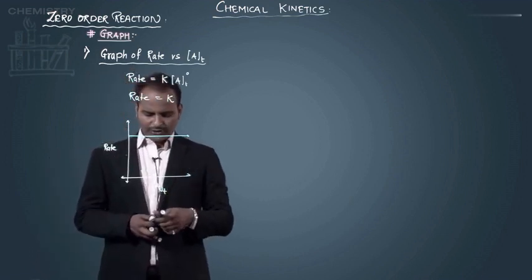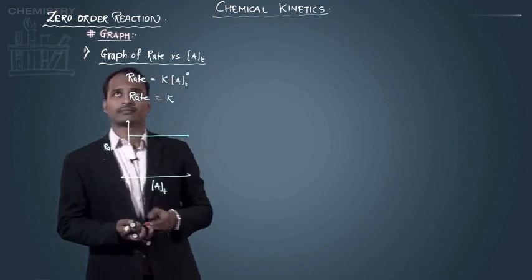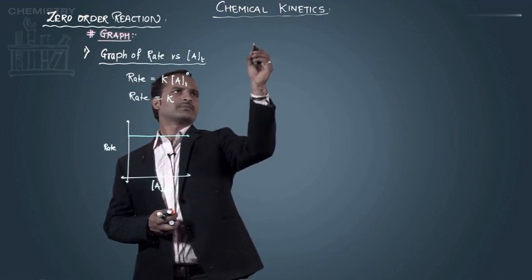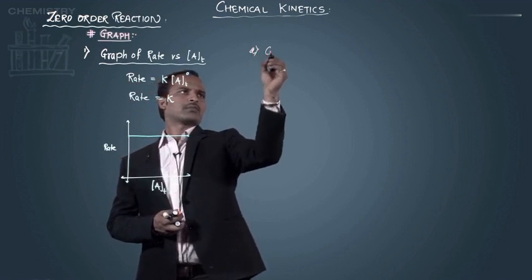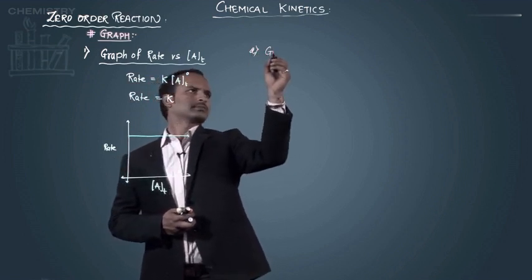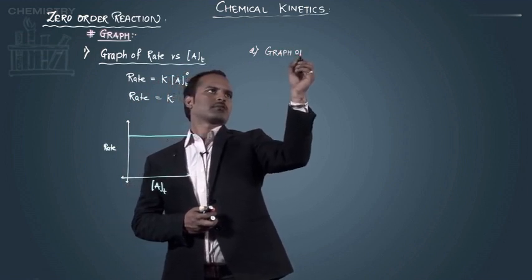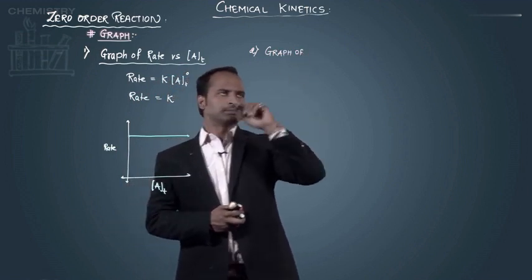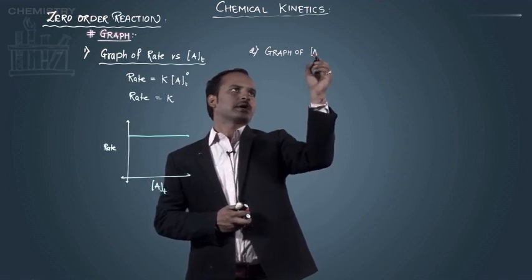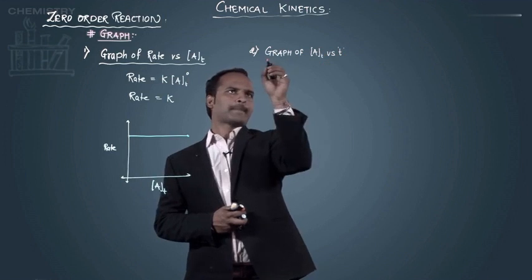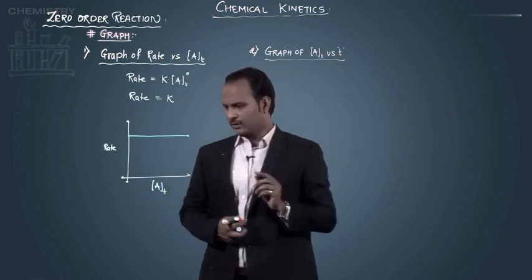The other graph which we have is a graph of A_t versus time.